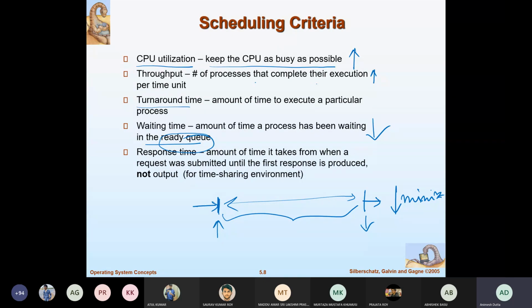Response time. Amount of time it takes from when a request has been submitted until the first response is produced. Response and output are not the same. Suppose you are a 107 student today in the class. I asked a question, maybe what is context switch?